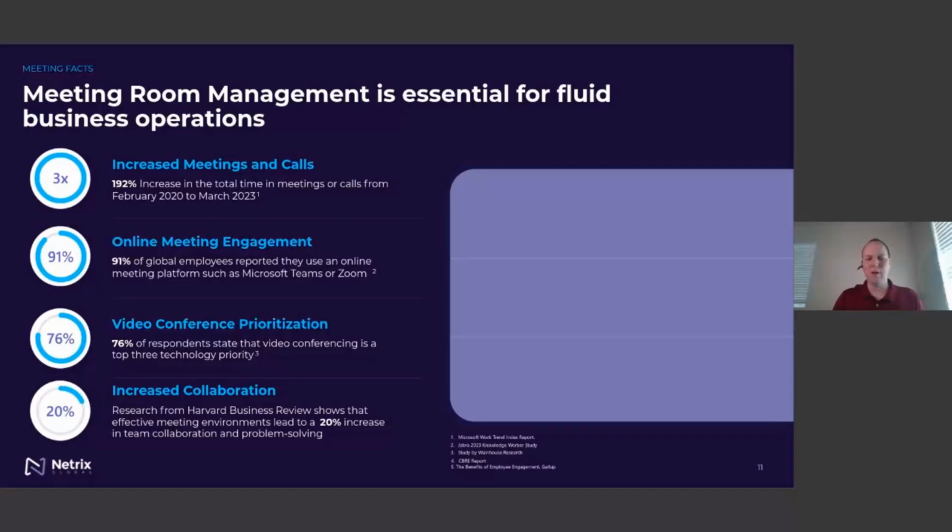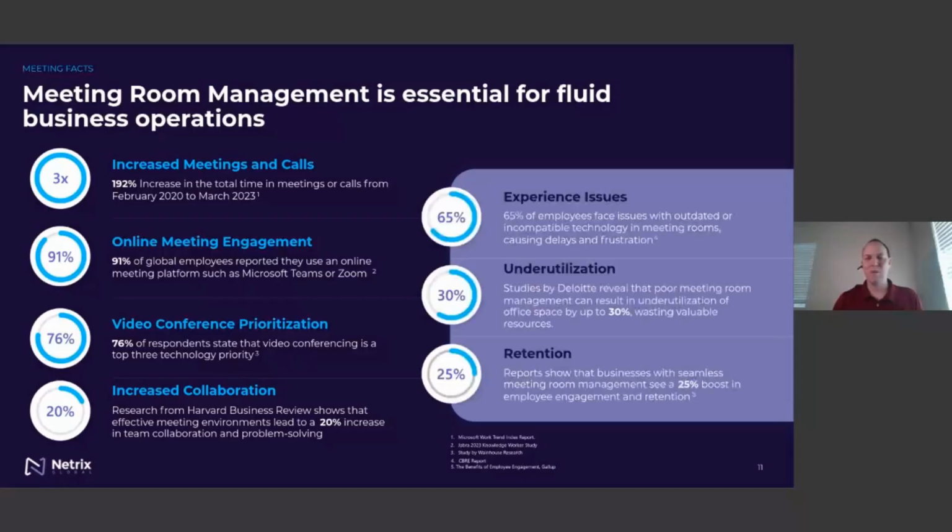There's also research from a Harvard business study that showed that sustainable and seamless operating room systems led to about a 20% increase in team collaboration and problem solving. What does this all lead to? It also leads to 65% of users noting that they have faced issues with outdated or incompatible technology, which causes delays and frustration in their daily work.